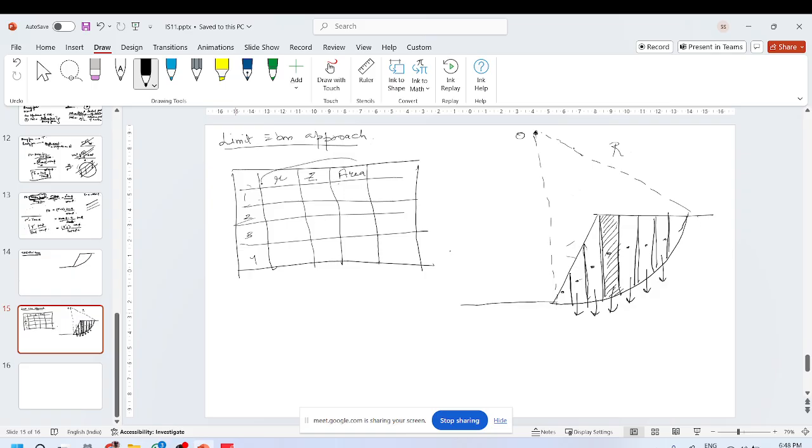This gamma into area, which is the weight, will give you the weight of the wedge and moment, the driving moment.